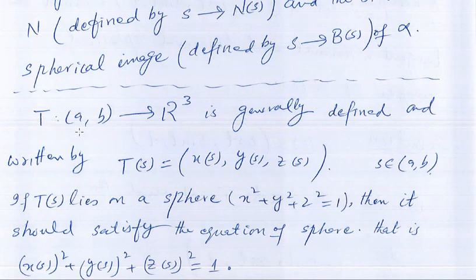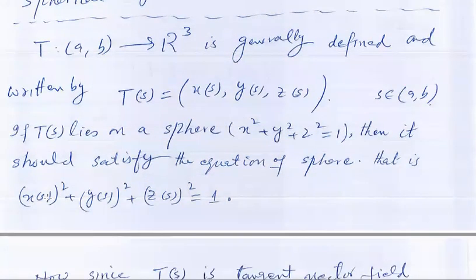A curve whose domain is the interval (a,b) and whose image lies in R3 is generally written as T of s is equal to (x of s, y of s, z of s), where s belongs to the domain of T. If T of s lies on the sphere x square plus y square plus z square is equal to 1, then it should satisfy the equation of the sphere, that is x of s square plus y of s square plus z of s square is equal to 1.